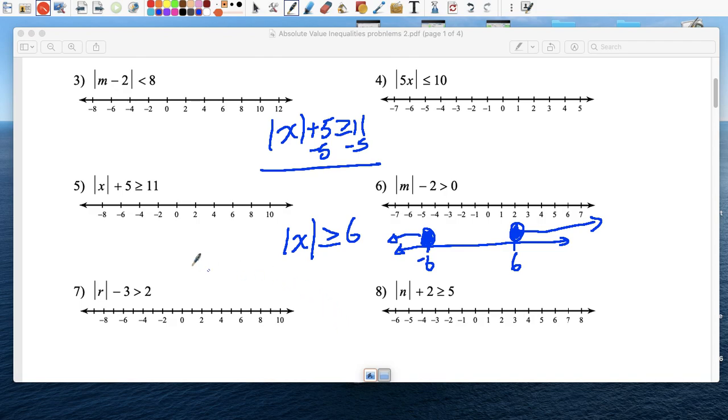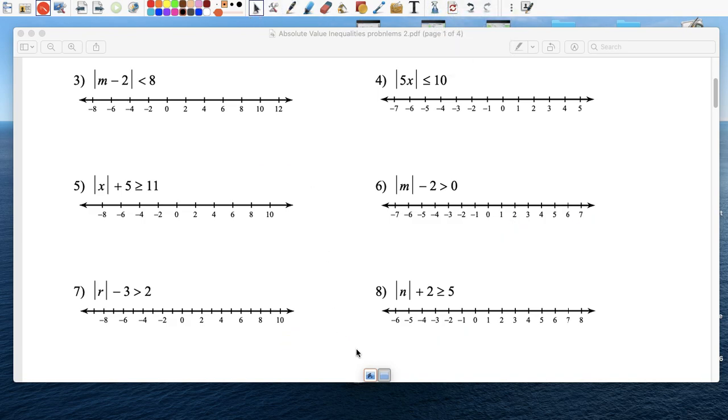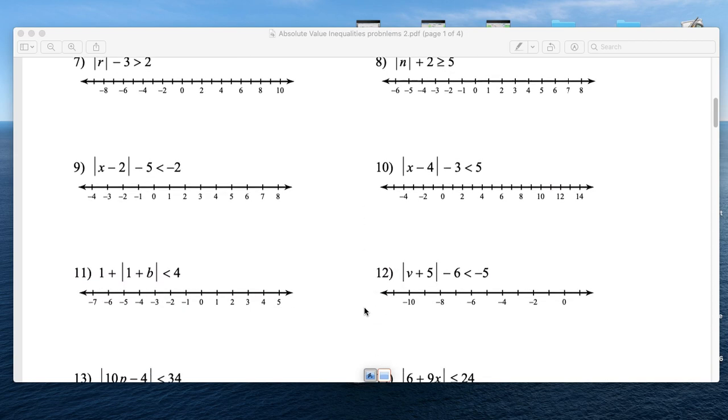So x has to be a number less than or equal to negative 6, or x is going to be a number greater or equal to 6. Yeah, that's it. So, like I said before, on the first page there's not much to do.